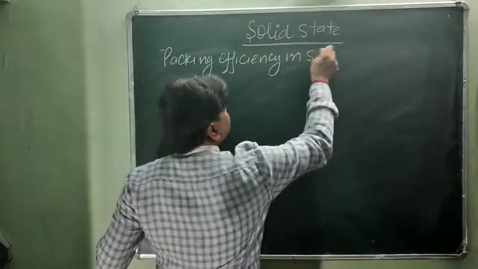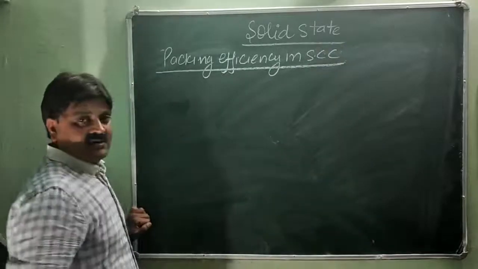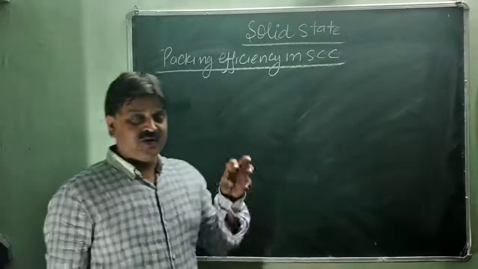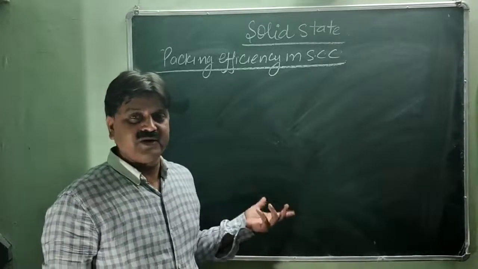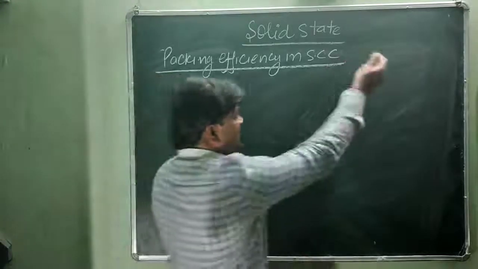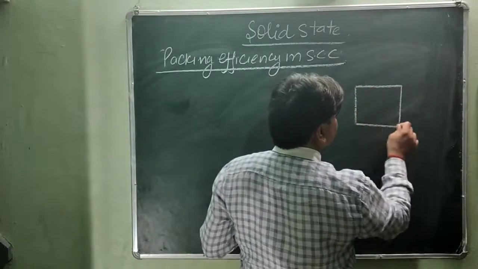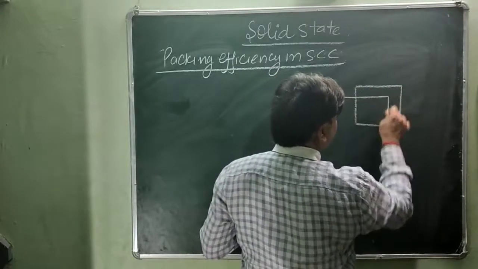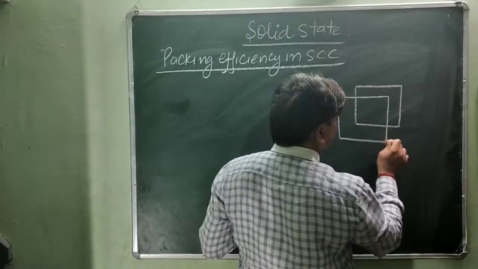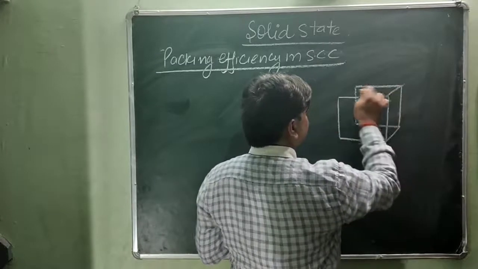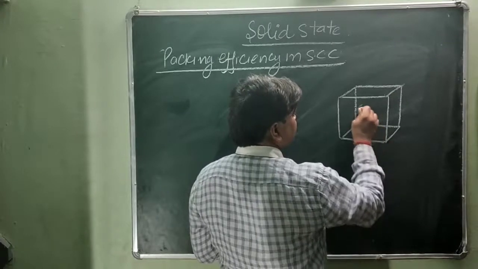We require the volume of atoms occupied in the unit cell and the total volume. Then we can calculate the packing efficiency. Here you can see the cube unit cell with x, y, z axes, and its edge length is a.